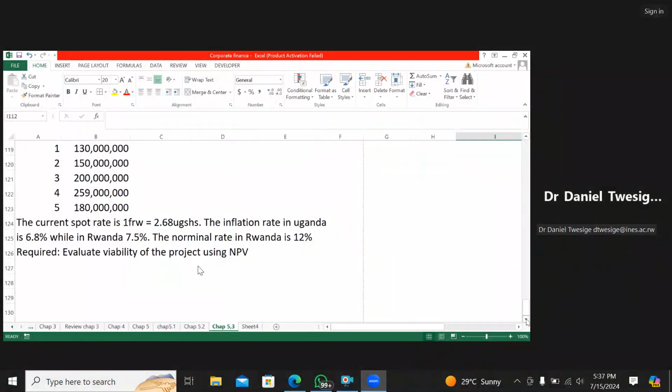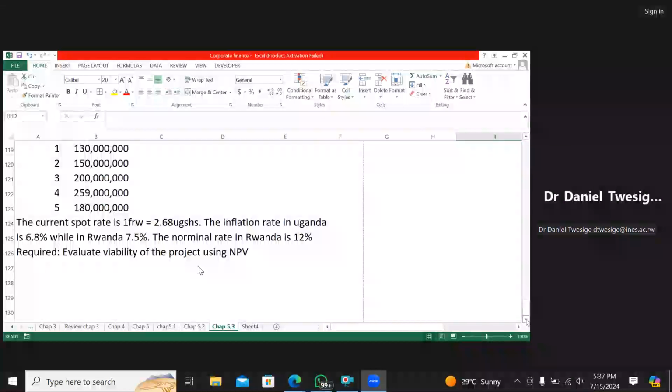I think you can do that. In this case, what you need is to use purchasing power parity. But you can as well use the second method using the international Fisher effect. From this data, you can get it.